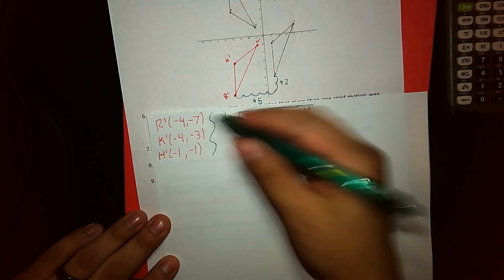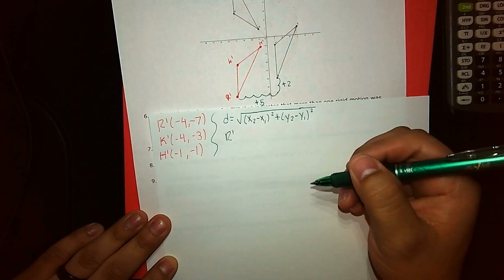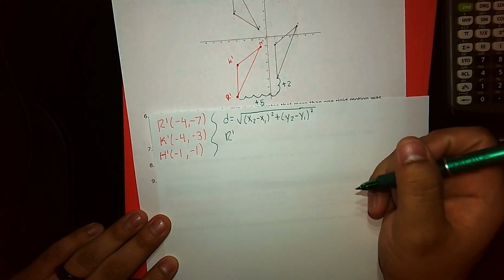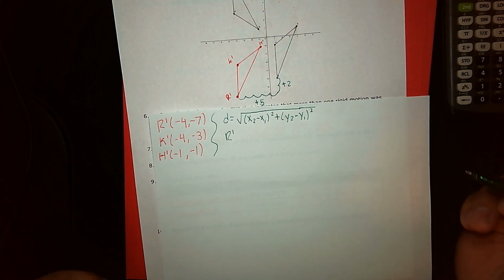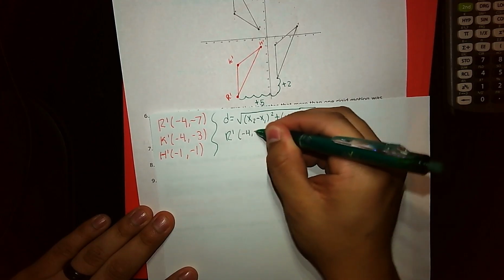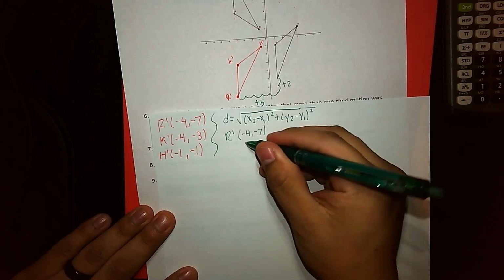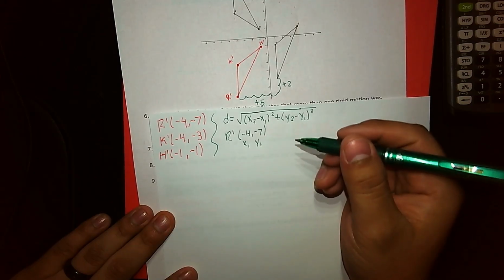Okay, so R prime, remember we're starting here, R prime, and I'll give you some time to write that again. All right, R prime sits at (-4, -7), and this acts as my x1, y1 coordinates, my first set of xy coordinates.